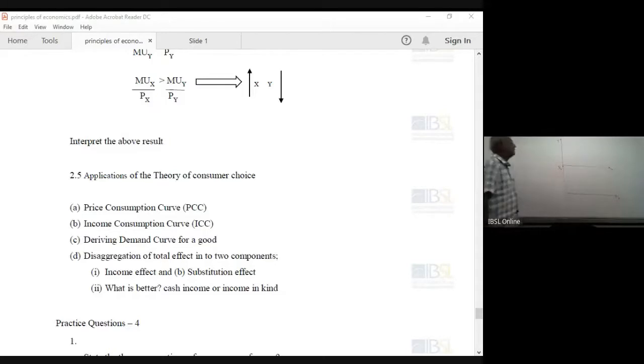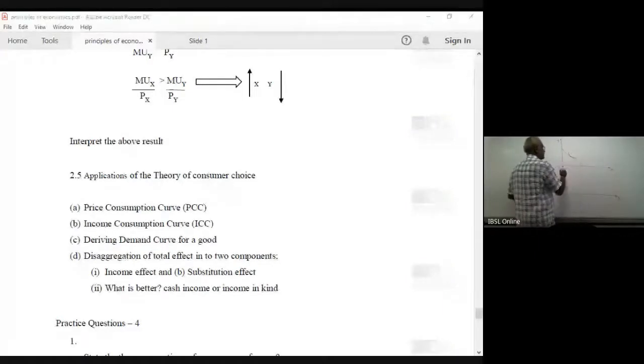Draw that. First, we draw the initial budget line and the indifference curve. This is a combination at this point. Consumption of good X is this, let's say X1.